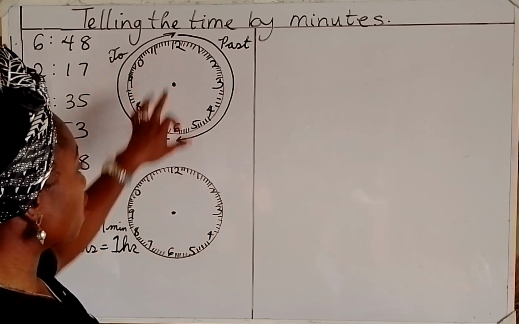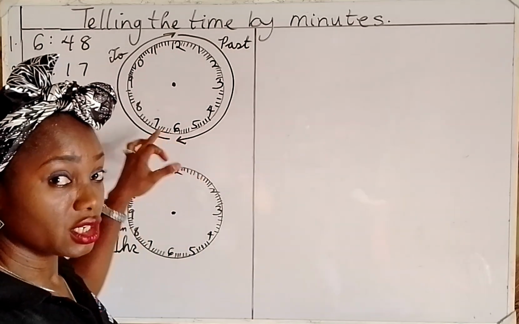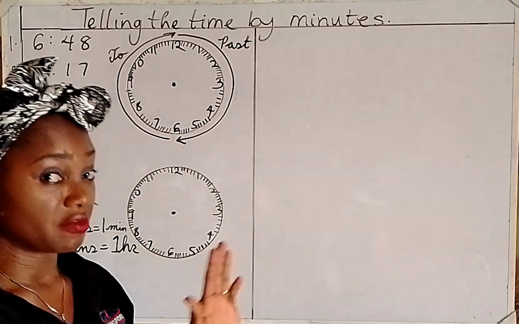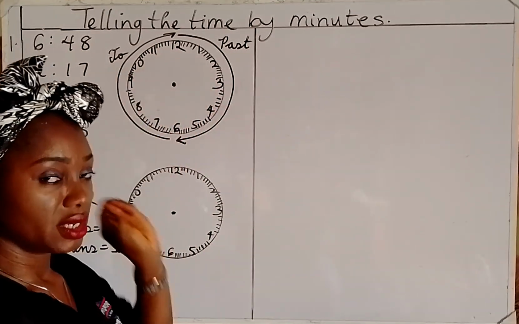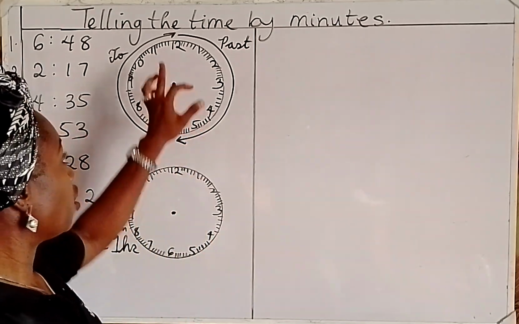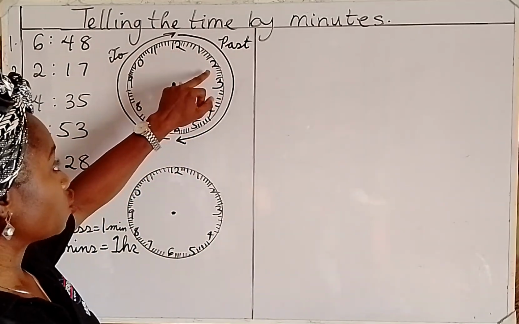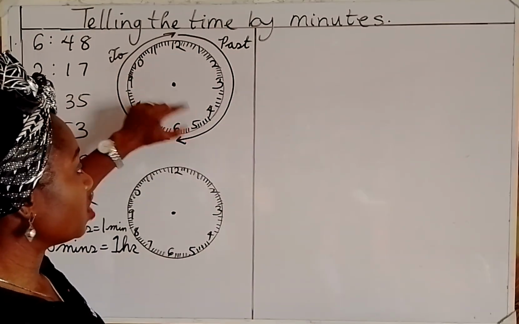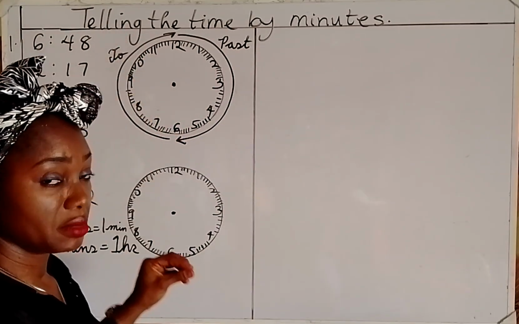That means any time that has gone past 30 minutes is going to the next hour. Between 12 and 1 you have 5 minutes. Between 1 and 2 is 5 minutes. So between each of these numbers is 5 minutes. From 12 to 1 is 5 minutes, 2 is 10 minutes, 3 is 15 minutes, 4 is 20 minutes, 5 is 25 minutes, and 6 is 30 minutes.